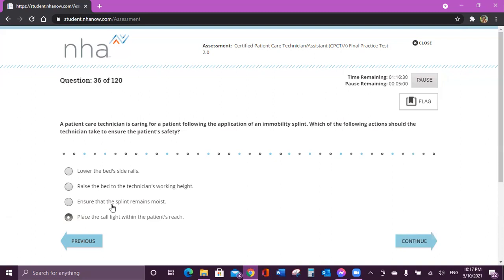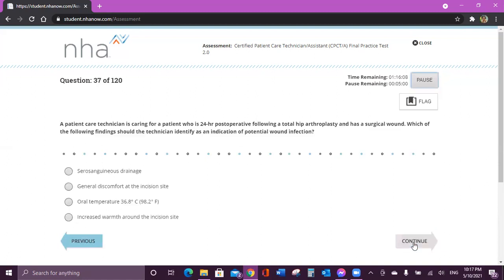O esa, o ensure that the splint remains moist. No, yo creo que esa. Yo pondría, era la A. Lower the bed side rail. No, ese no, bajarle el side rail. Yo me fui con la D. Yeah, let's go.